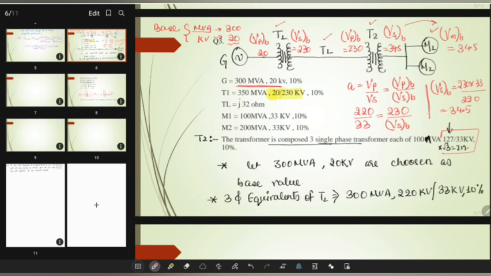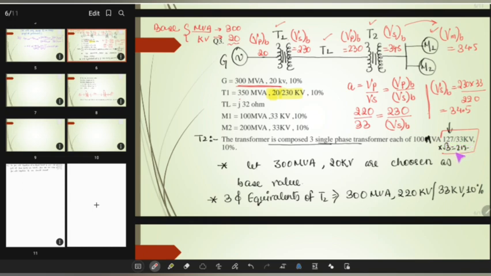Okay, see here, MVA base is common for all the equipment, right? But kV base changes for every equipment. For transformer primary side kV base is something else, and for transformer secondary side kV base is something else. And it doesn't mean that their base value will always be equal to their ratings. See, in transformer 2, what is the primary side voltage and secondary side voltage?